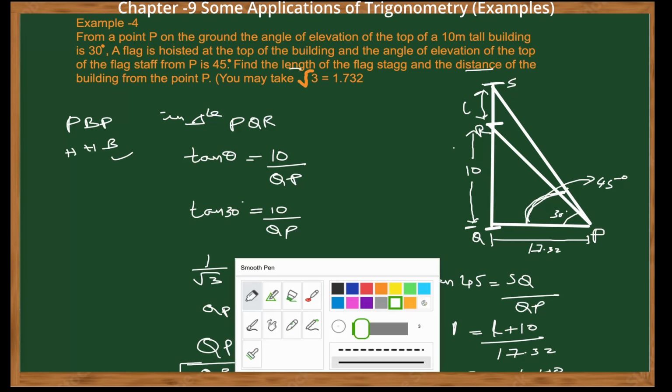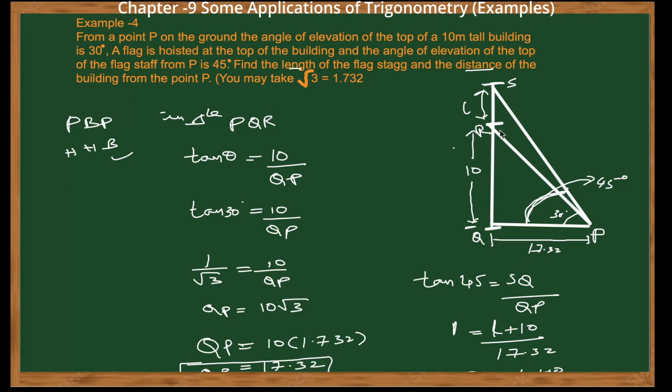So this is the first angle we got, which is highlighted. Then it said a flag is hoisted on top of the building, which is highlighted here.